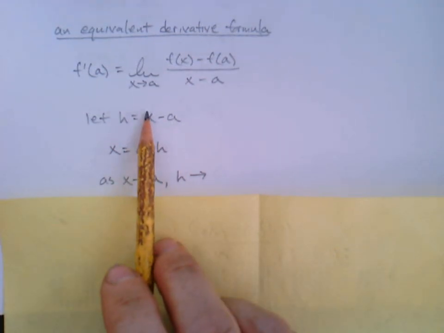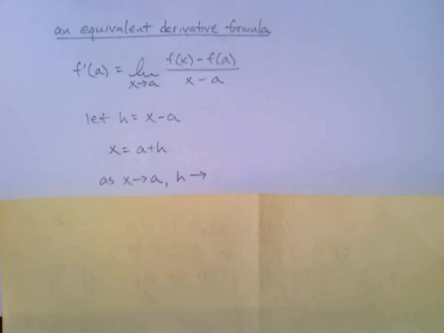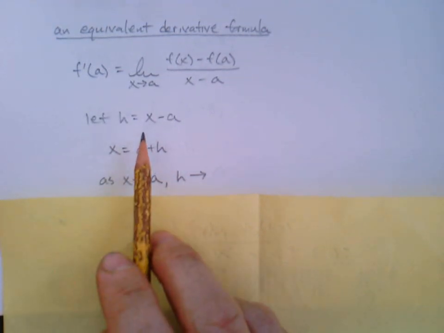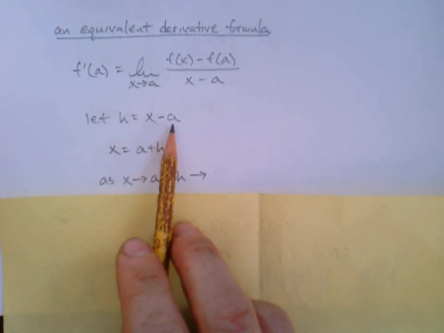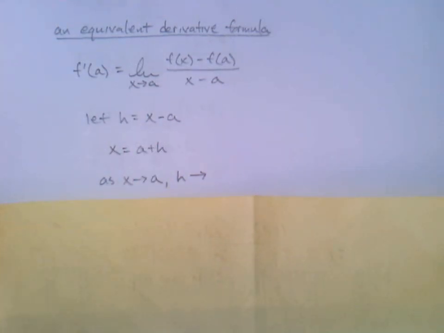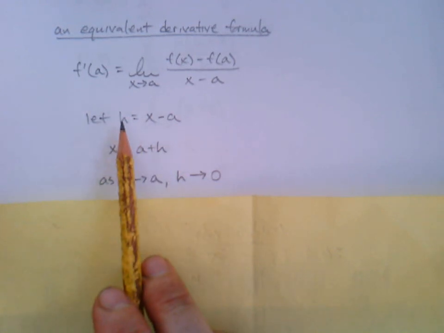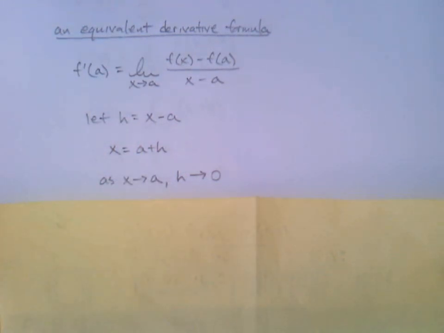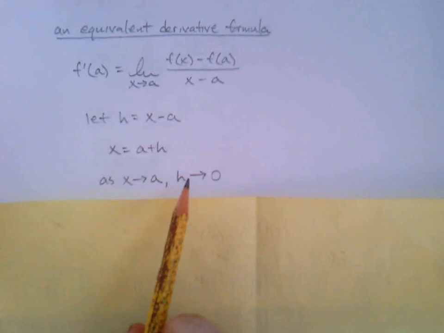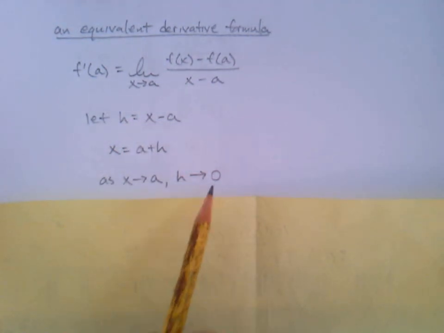If you think about this, what happens as these two get closer to one another? Well, if x is getting closer to a and we're subtracting, wouldn't h be getting closer to 0? Yes. The closer these two get to one another, that gets closer to 0. So our limit is now not going to be x approaching a, it's going to be h approaching 0.